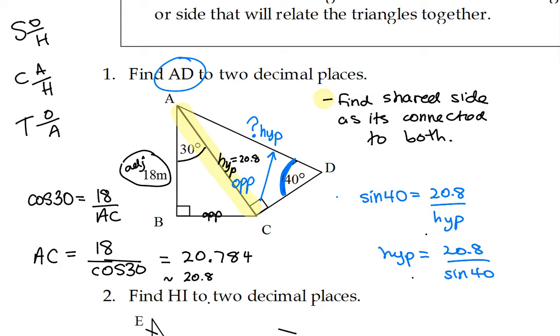I'm going to use all the decimals from my calculator. I only round on my paper. I don't actually round in my calculator. You guys get that? So I got like 20.78460969. I'm going to divide that by sine 40. I get 32.3. And I guess this is meters because it's a side length. You guys feel okay about that one?